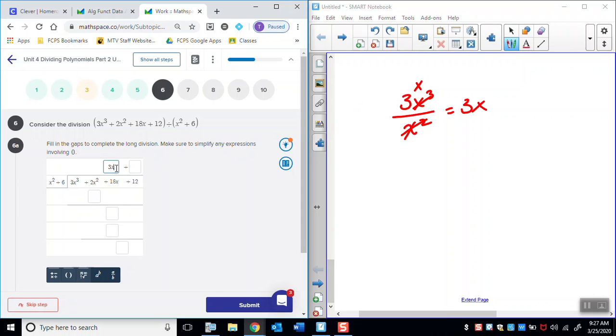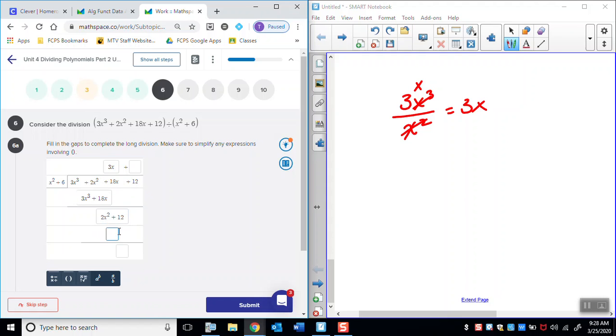And then when we multiply it back out, 3x times x squared, that's 3x cubed. And then 3x times 6, that is 3 times 6 is 18, so 18x. So these two get zeroed out, these two get zeroed out, so all I have left is 2x squared, and then you're going to bring down the 12, plus 12.